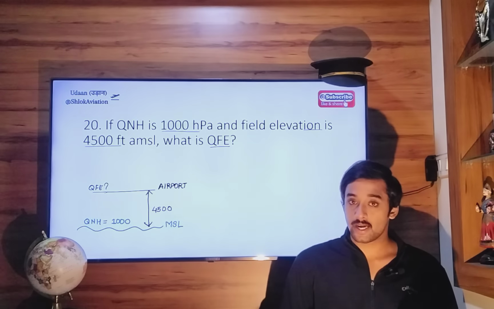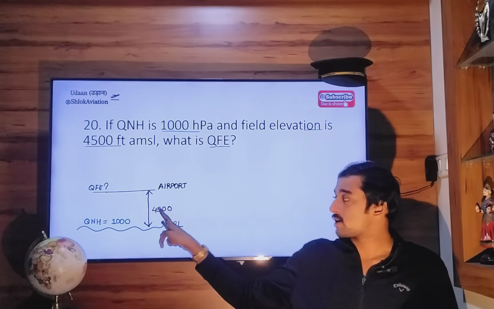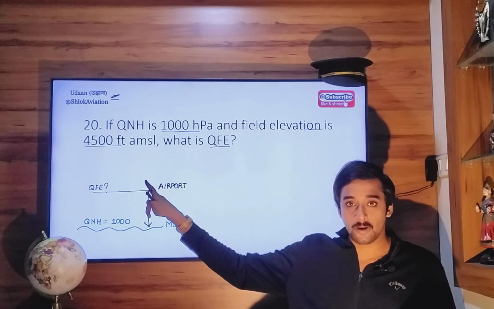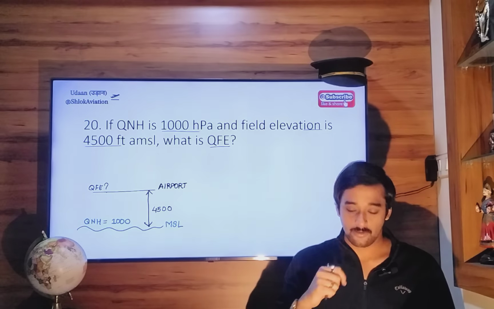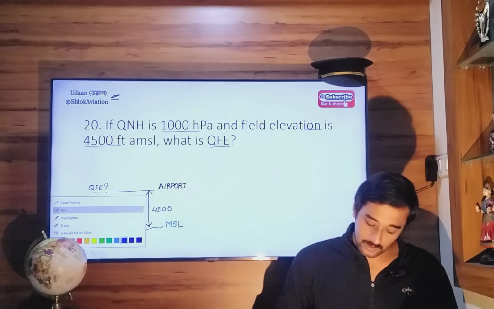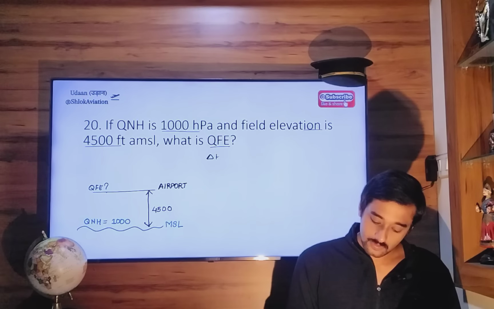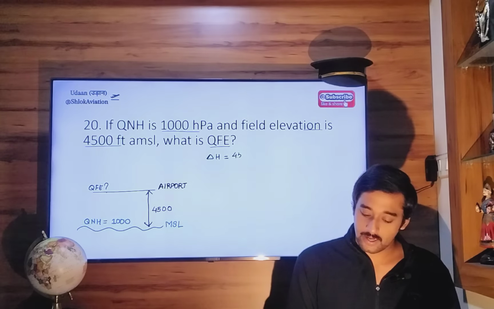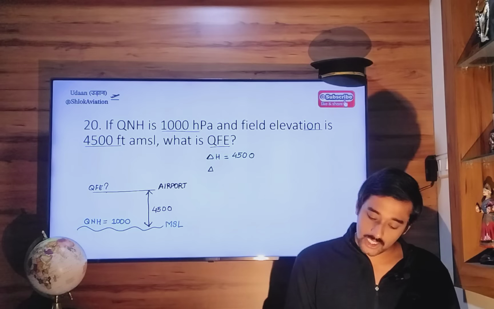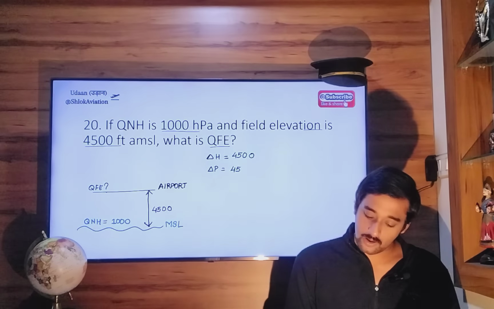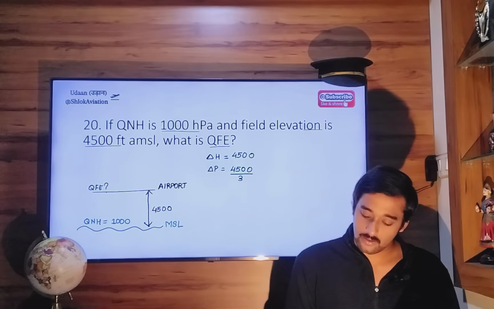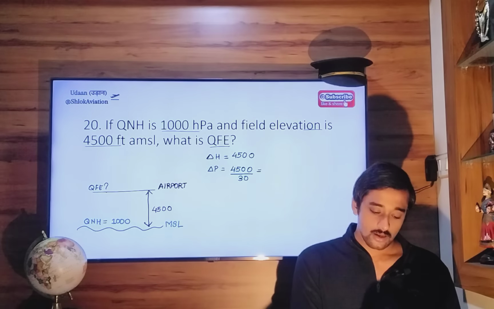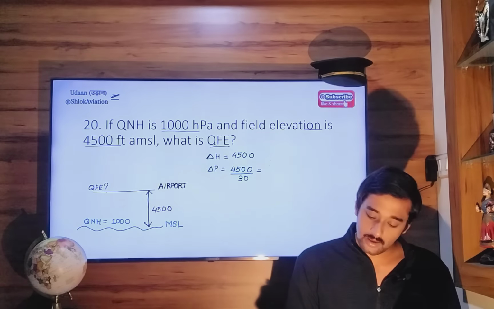So how can we find that out? We can find it by converting the height difference between the two pressure levels into a pressure difference. The height difference here is 4500 feet. That is equal to a pressure difference of 4500 divided by approximately 30, which is 150 millibars.